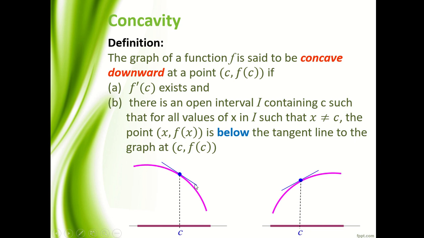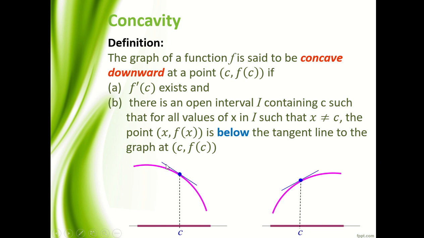Okay, just to summarize it to help you remember easily, the keyword here is below the tangent line. This is our graph of the function, and of course the point of tangency is here.